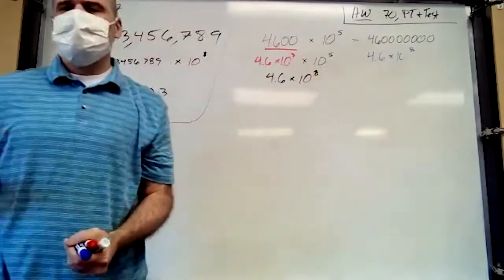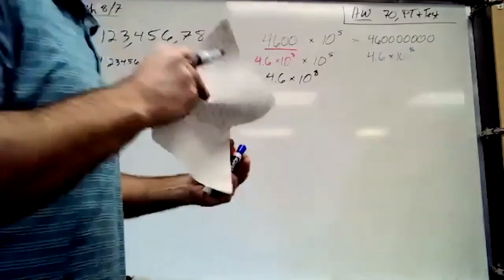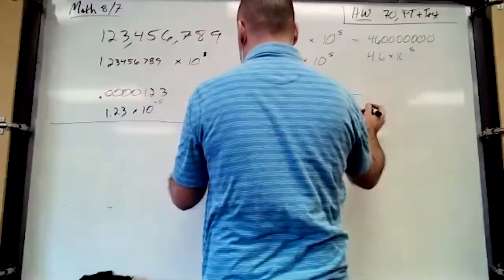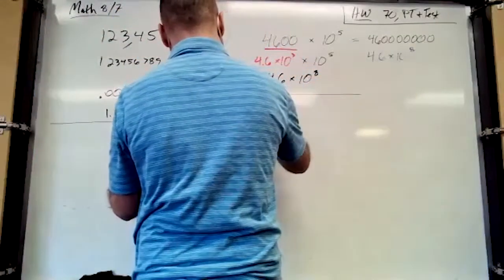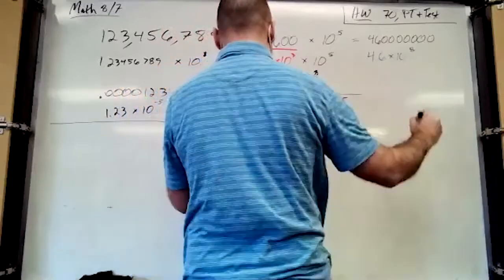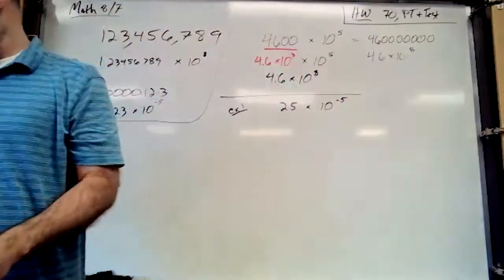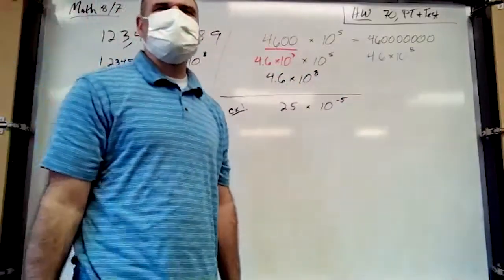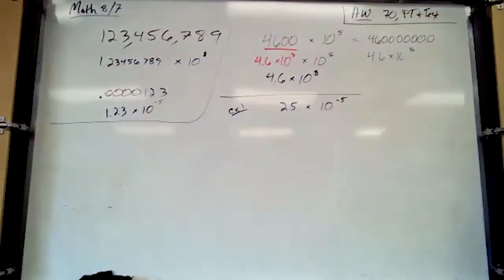Okay, let's try another one. Let's try this. 25 times 10 to the -5th. I want to write this in scientific notation. Do you guys know how to do that? See if you can do it.